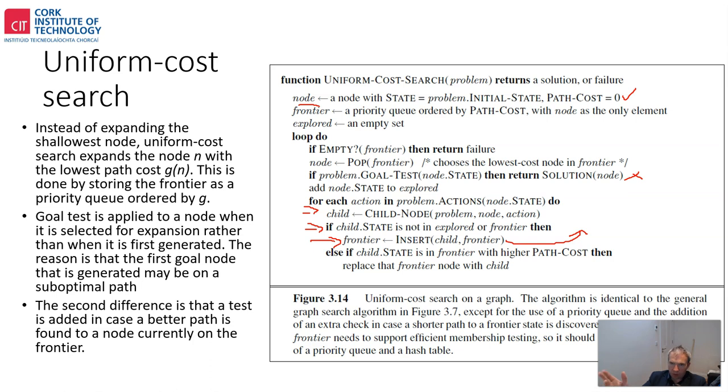So for whatever that is, we'll then select the child with the lowest cost as the next node to expand. Okay?